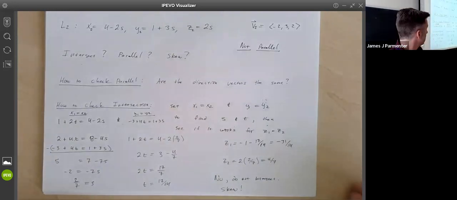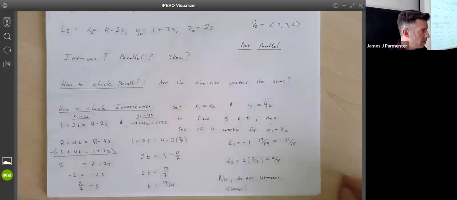Cool. So now the follow-up. How far apart are these lines? Totally new question.